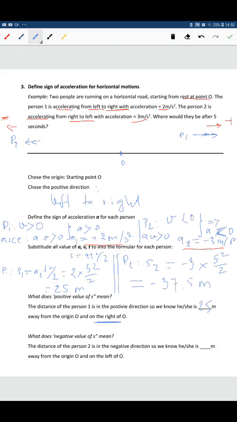For person 2, s2 equals negative 37.5, and we know that he is 37.5 meters away from the origin O. And because s is negative, he has to be in the negative direction, on the left of O. So by using the rule, you can find the distance and the direction of the two people.